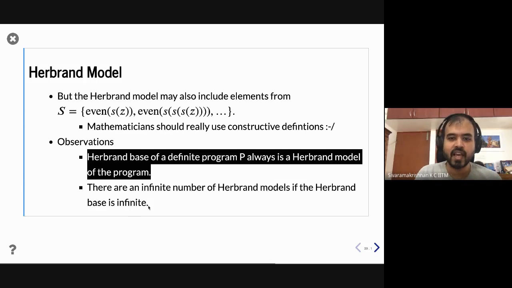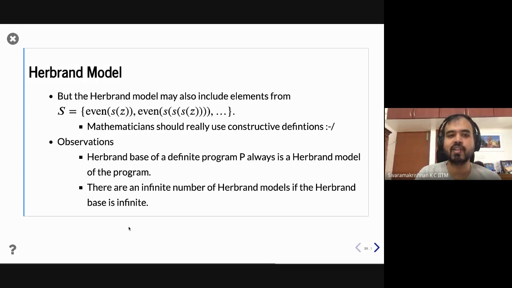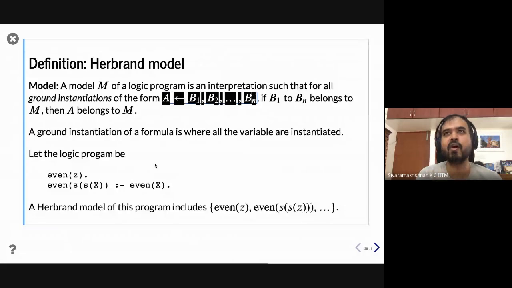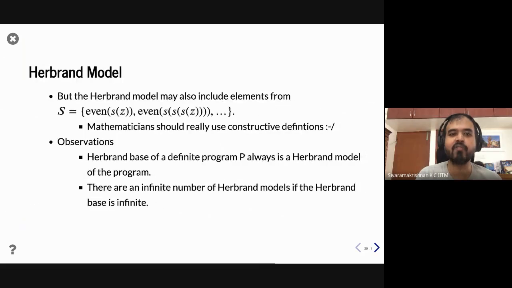So this is not at all useful. This definition seemed to be going in the right direction by looking at the rules, but because of this non-constructive definition, it looks at what is in the set and does not describe what is not in the set. We have to have one last definition.